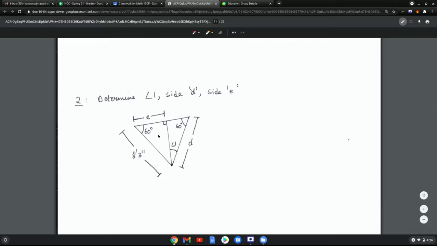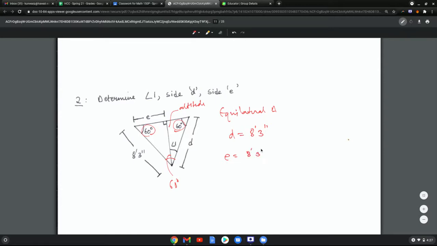The second example: find angle 1, and sides D and E. Now, the fact that these are 60 degrees means that this whole angle is also 60 degrees, which means it's an equilateral triangle. That means D has to equal 8 foot 3 inch. And E is going to be half of that because this is an altitude again, and what an altitude does is bisect the side.